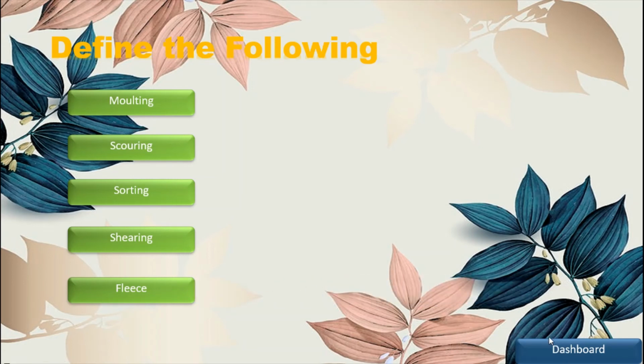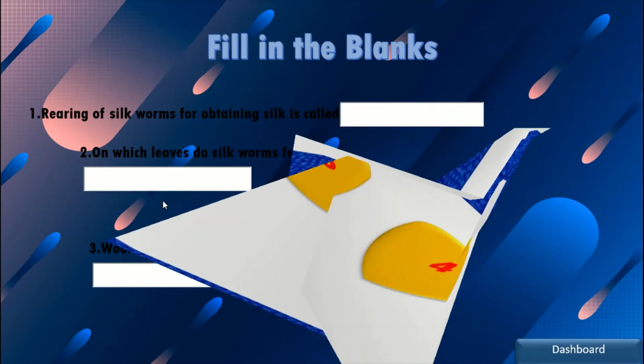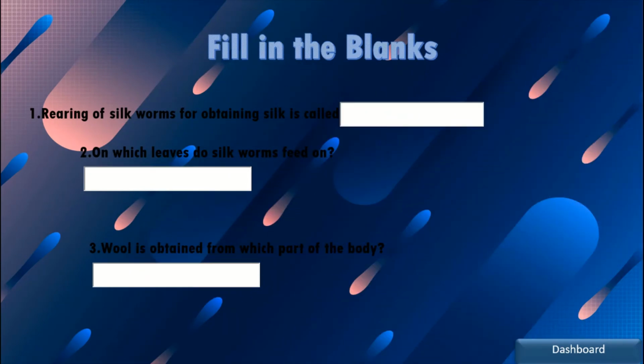Let us go to the dashboard and go to the second question. Fill in the blanks. Rearing of silkworms for obtaining silk is known as. I will give only 5 seconds to answer: 1, 2, 3, 4 and 5.